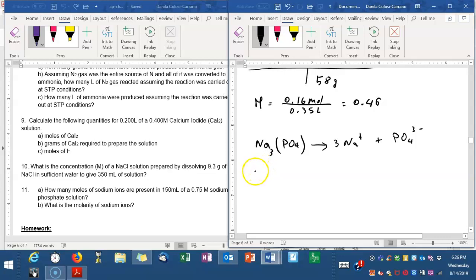So how many moles are there? The molarity for this is 0.75 moles per liter, and you also have 0.15 liters.